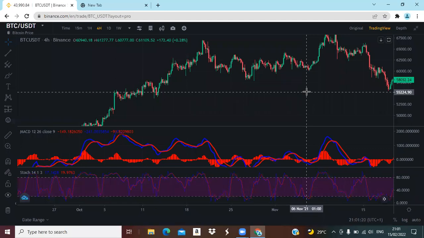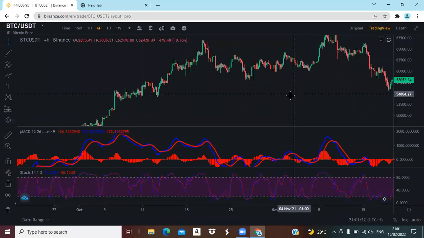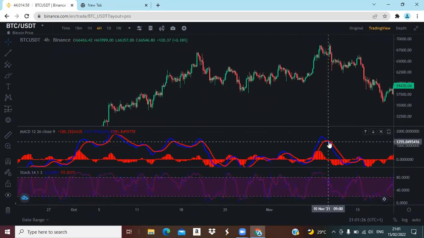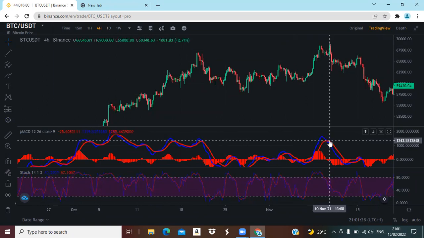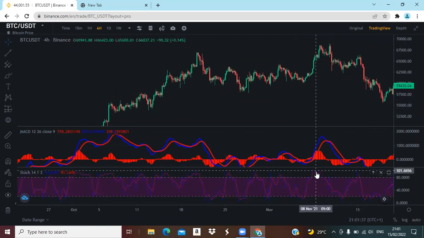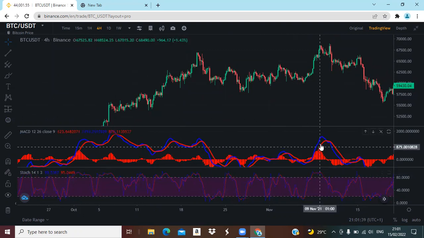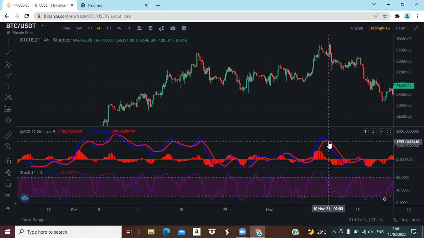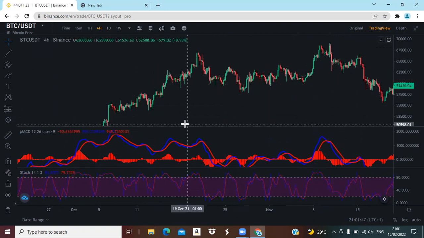Number one, if you see a crossover on the MACD at the positive side, and stochastic was at oversold condition, then after the oversold condition you now see a crossover on the MACD, know that the market has the capacity of going back down.